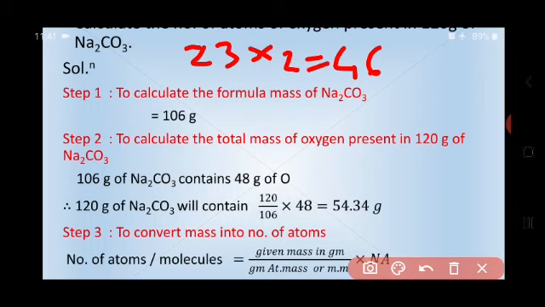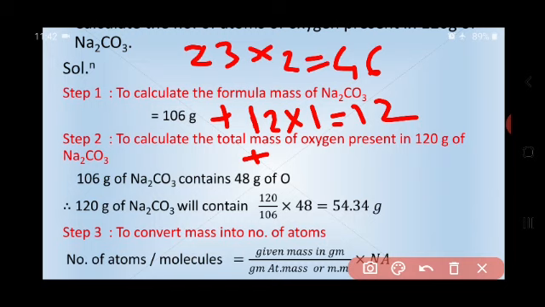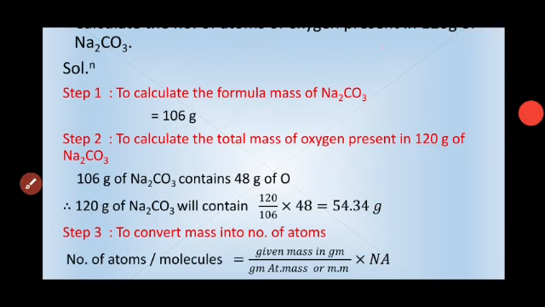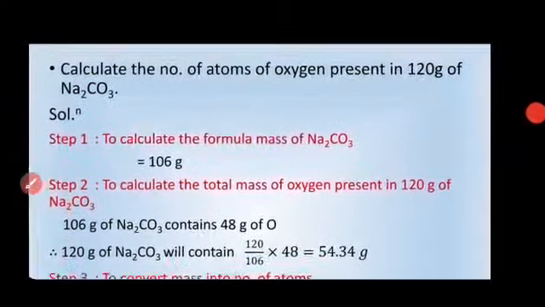Plus carbon, atomic mass of carbon is 12. 12 into 1, that is 12, plus atomic mass of one oxygen is 16. So total 3, 16 threes are 48. If we do the total of this, it will come as 106 gram. So this is called the formula mass of Na2CO3.